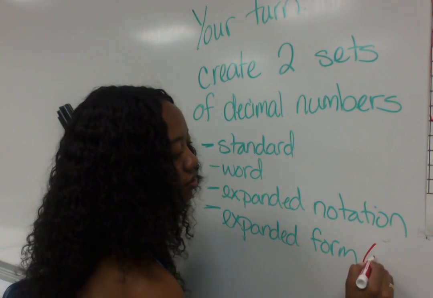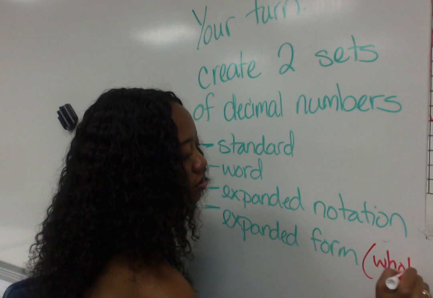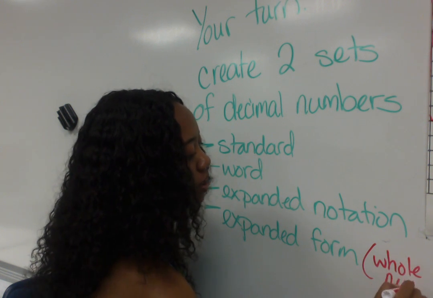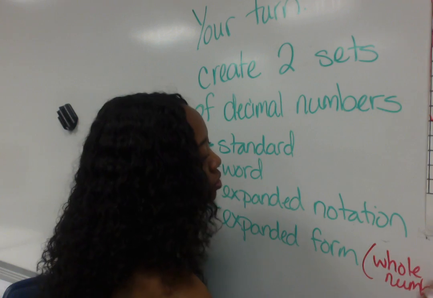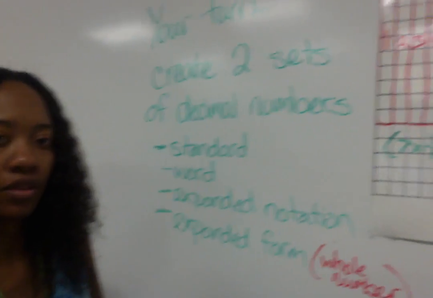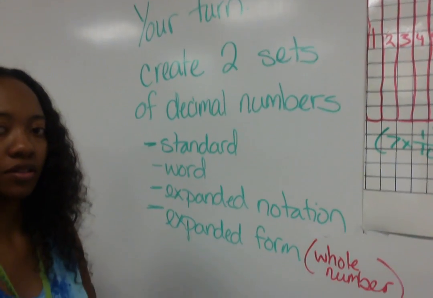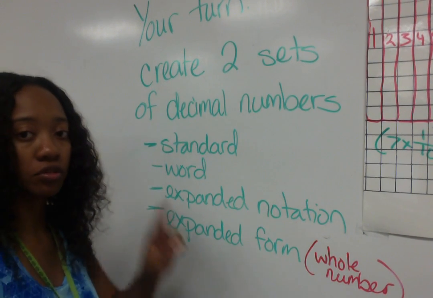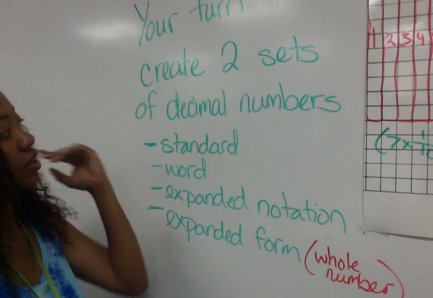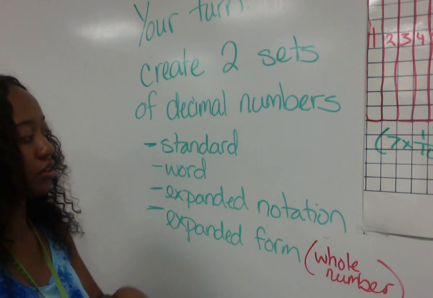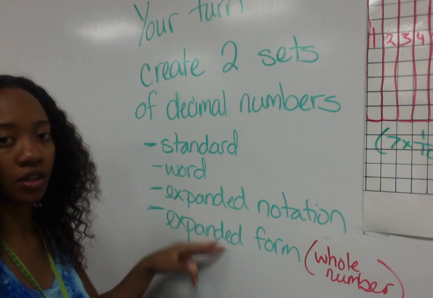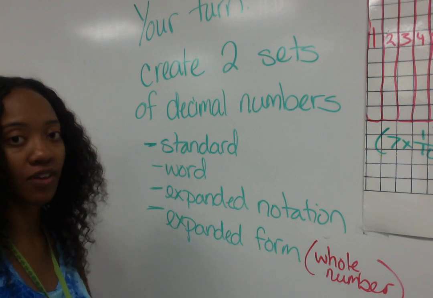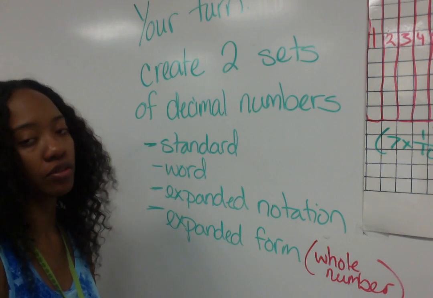This one is like the whole number. So if you need to refer back, you all have notebooks that should have that. So you're going to create two sets of numbers. And I want you to write the standard, the word, and the two expanded, both notation and form of how you would show me those numbers.